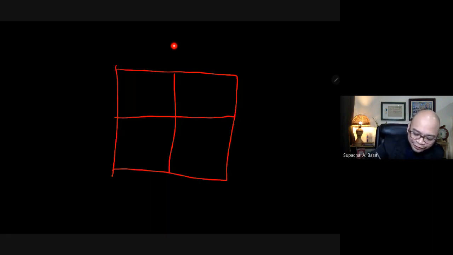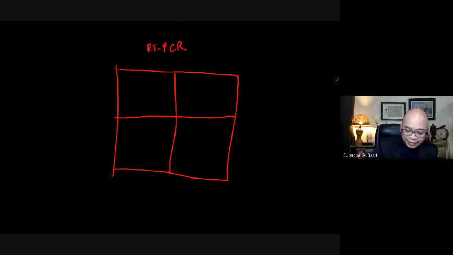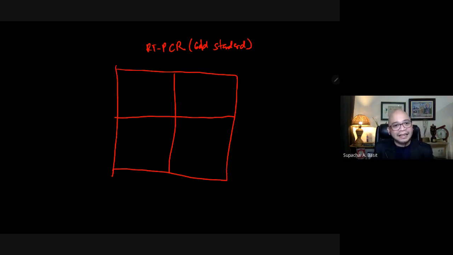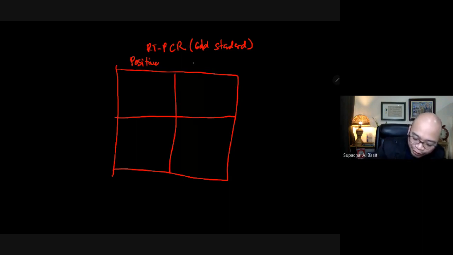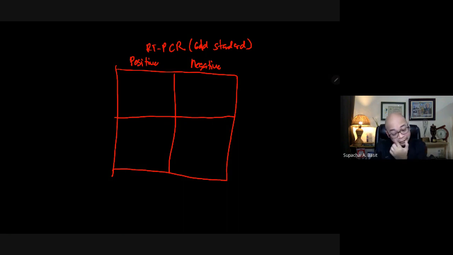So let's say, for example, this is the RT-PCR. RT-PCR is the gold standard for COVID-19. Okay? And you have here the number of positive individuals with RT-PCR. You have here the number of negative individuals with RT-PCR.